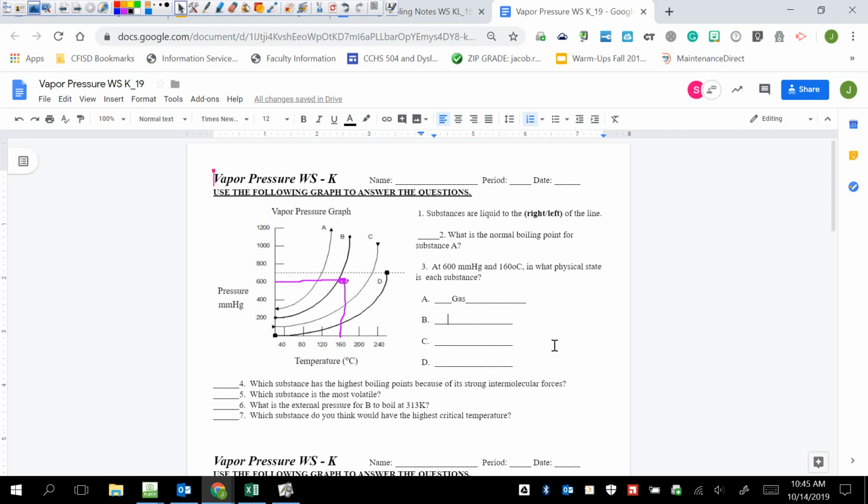So substance B would be a gas at that temperature and pressure. C and D, we can see that they're to the left. So each of those substances at 600 millimeters of mercury and 160 degrees Celsius would both be liquids. Okay, and that's how you read the graph. It's just kind of zoomed in. We're only looking at a specific part of the phase graph.